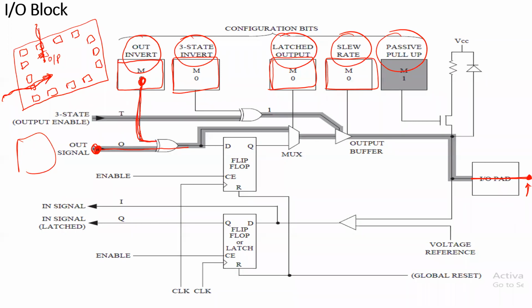Whenever we want an inverted output, all other possibilities must be disabled. Clear? So whatever the original output is, if it wants to go in this particular direction to the output side in complemented fashion, what could be the input for this one?